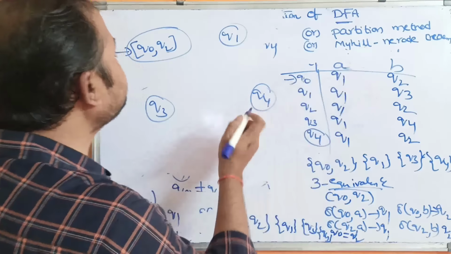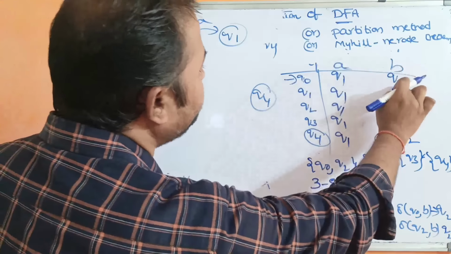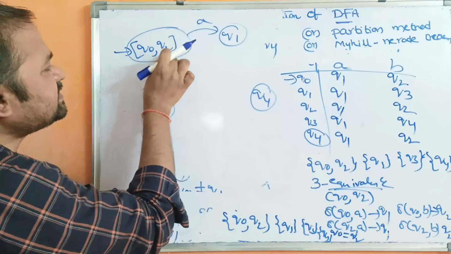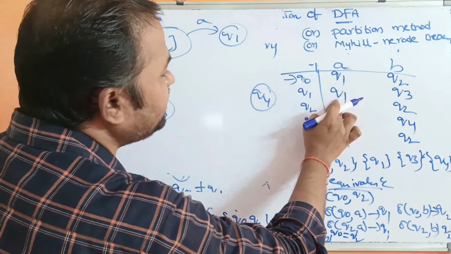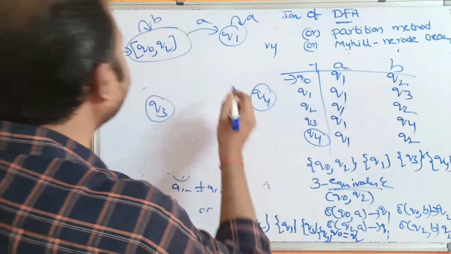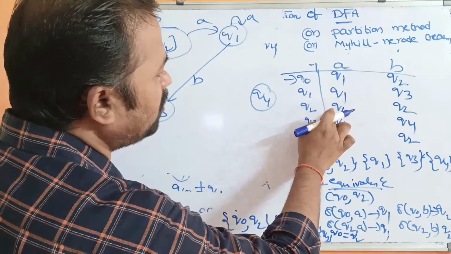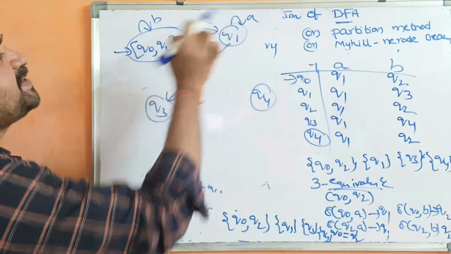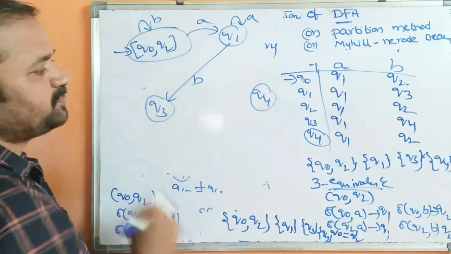Q naught on A means Q1. Q naught on B means Q2, the same state only. Next, Q1 on A means Q1, a self loop. Next, Q1 on B means Q3. Next, Q2 on A means Q1, Q2 on B means Q2, same.